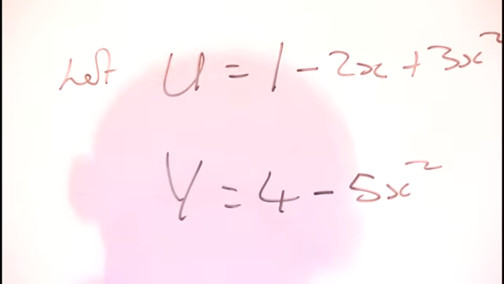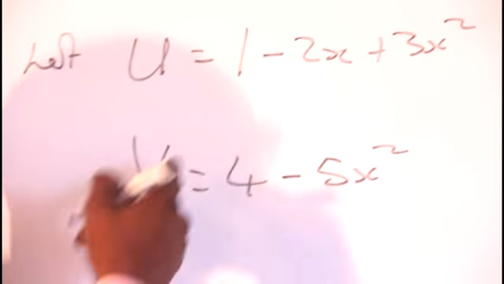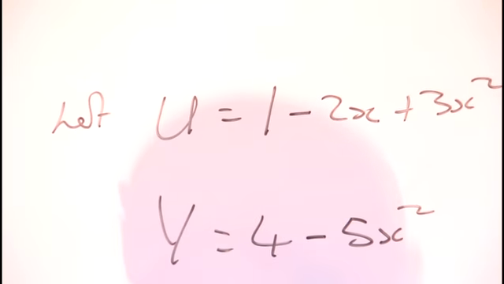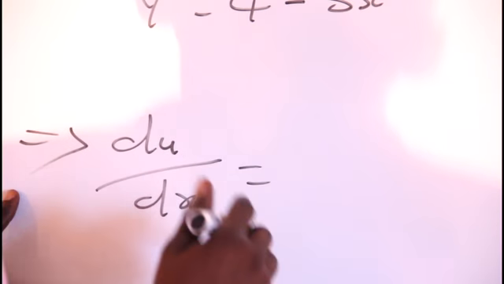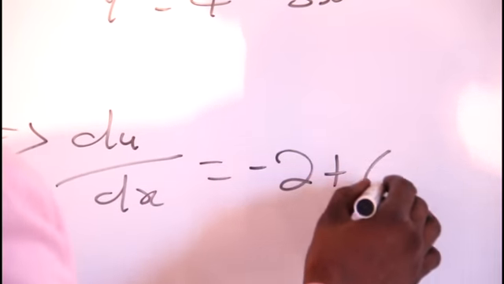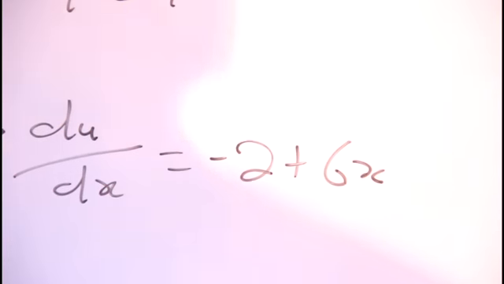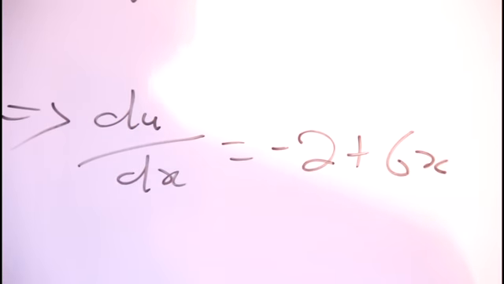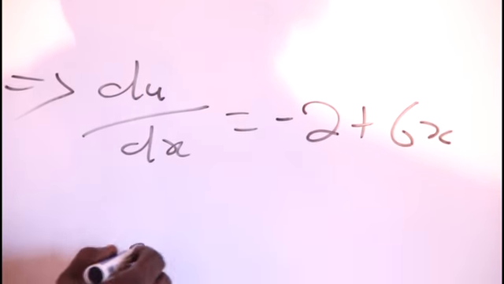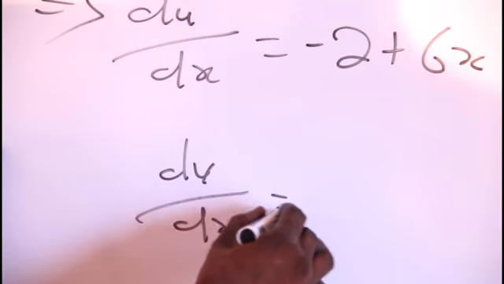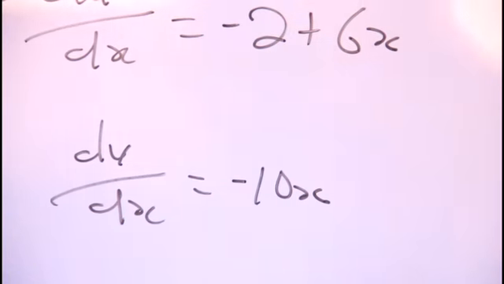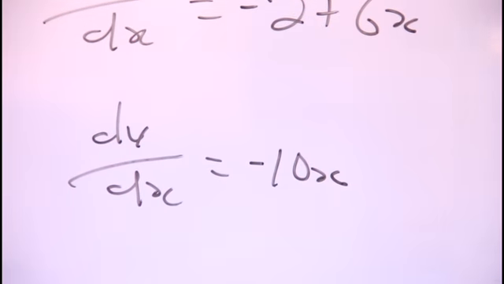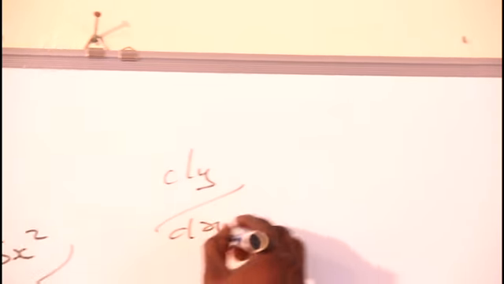So in cases like this, it implies that the derivative of the function u with respect to x, du over dx, will be equal to minus 2 plus 6x. Then the derivative of the function v with respect to x, dv over dx, will be equal to minus 10x.